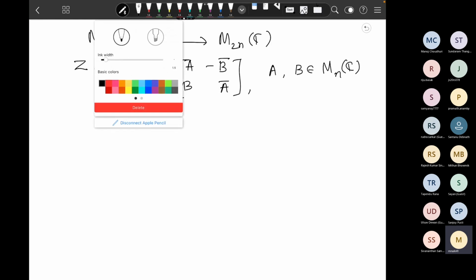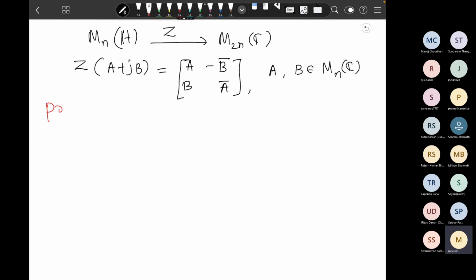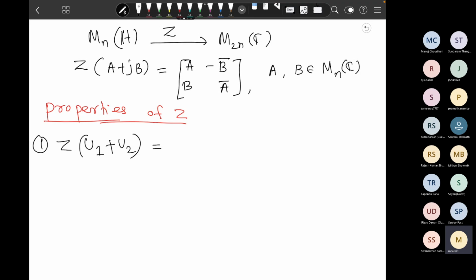Now, I just wanted to write these properties of Z. Similar to the first place, you will get Z of U1 plus U2 equals Z of U1 plus Z of U2, for U1, U2 belonging to MNH.